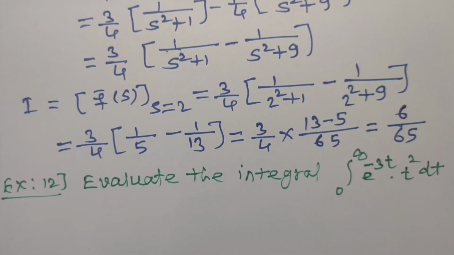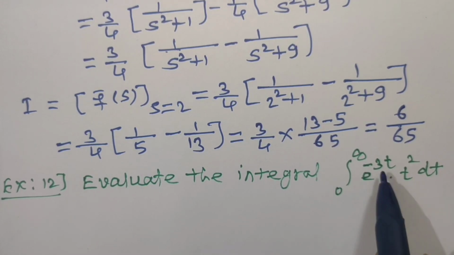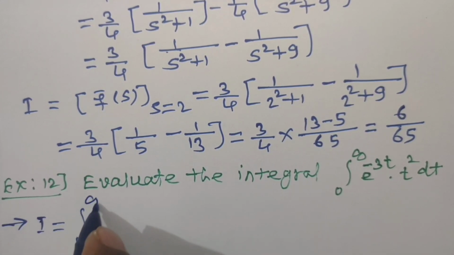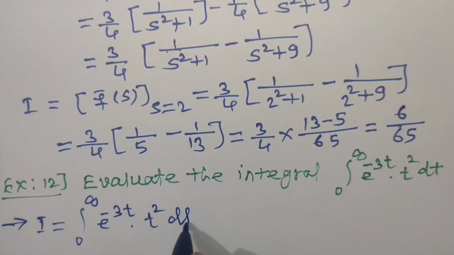Let us solve sum number 12. Evaluate the integral from 0 to infinity of e to the power minus 3t t square dt. To solve this problem, assume I is equal to the integral from 0 to infinity of e to the power minus 3t into t square dt.